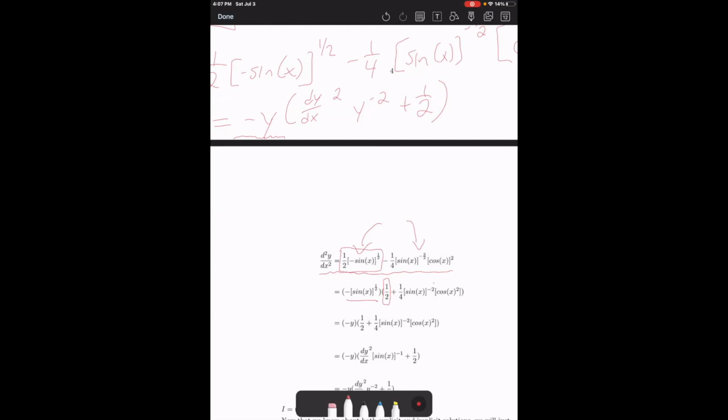There's actually a typo here I'm noticing, because this negative should not be inside the brackets. So this is actually very important, so I'll correct this right now.